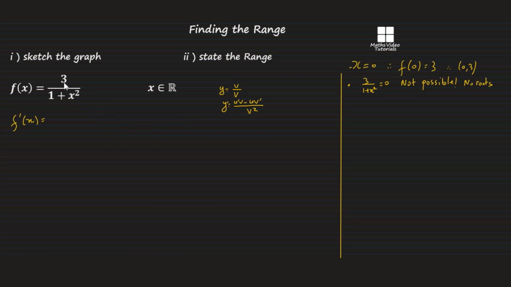So the derivative of 3 is going to be 0. Let's first draw our fraction. We know the denominator is 1 plus x squared, so we take the denominator and square it: 1 plus x squared, all squared.